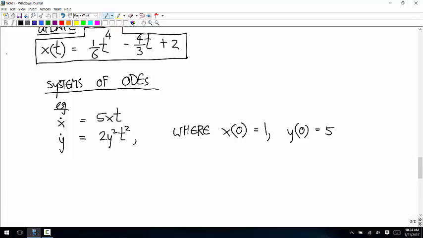Systems of differential equations can be complicated if the system is coupled. If it's not coupled, then you can do it as two separate differential equations.